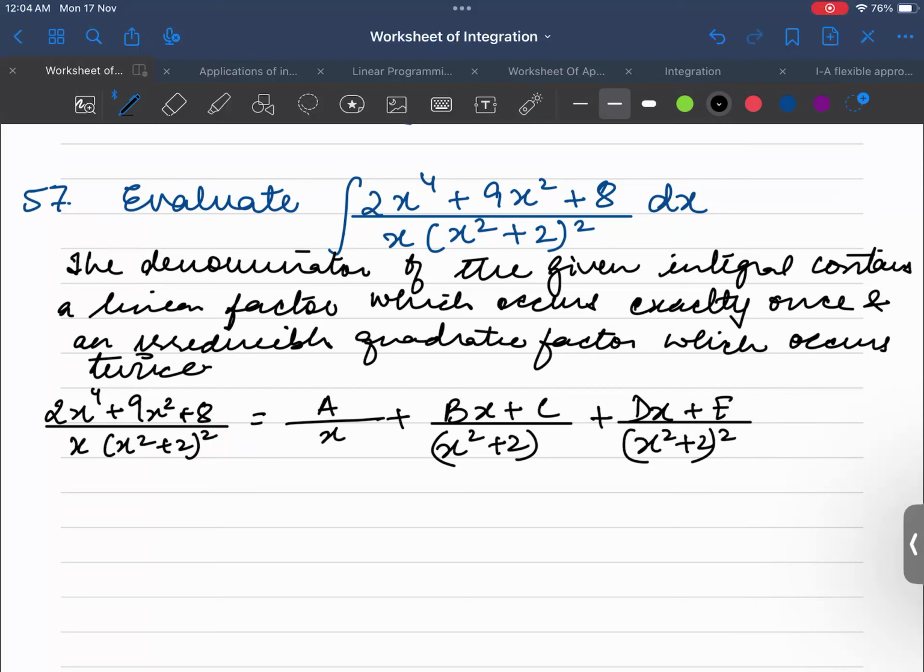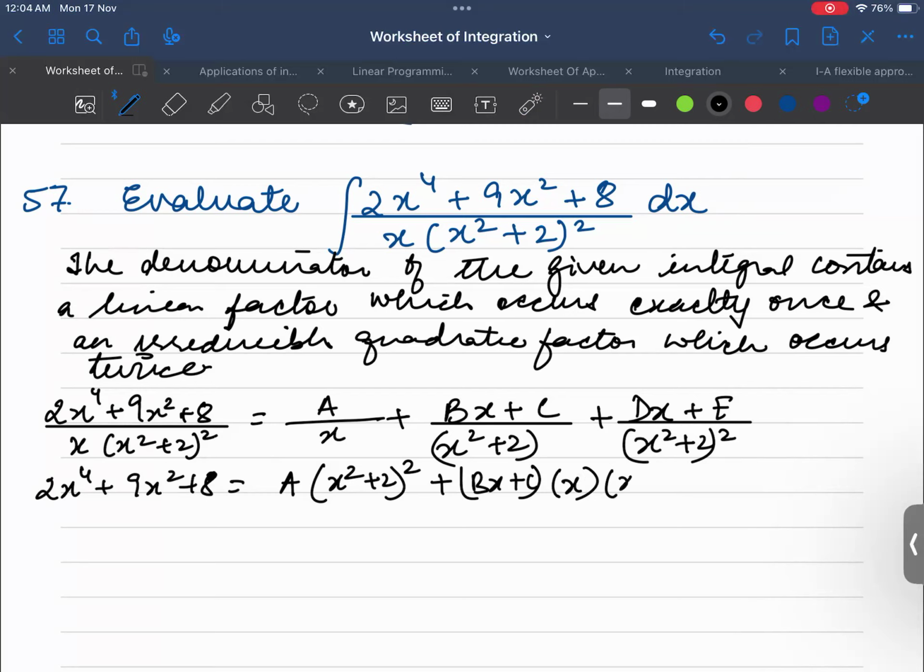So I'm doing it directly now. 2x power 4 plus 9x square plus 8, and over here it would be a multiplied by x square plus 2 whole square, plus bx plus c would have been multiplied by x, and x square plus 2, plus dx plus e would have been multiplied by x.